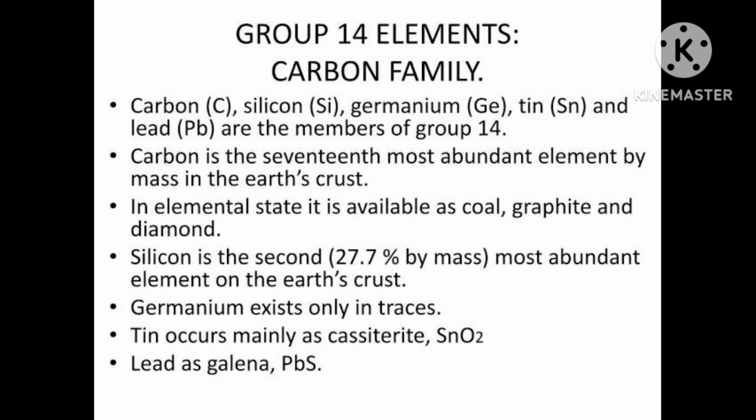SiF6 2-. Why 2-? Because 6 fluorine are there, so 6 negative. Silicon has 4 positive, so 4 positive and 4 negative are neutralized. Hence, overall, 2 negative charge will be left out.